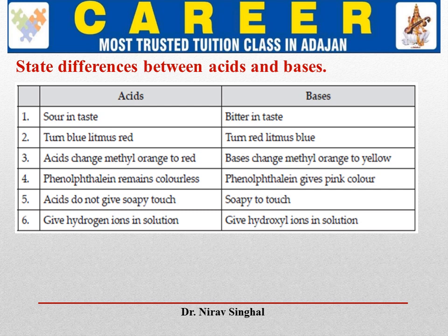Most important, acid gives hydrogen ion in solution, whereas base gives hydroxyl ion, OH minus ion, in the solution. Acid has a pH value less than 7, whereas bases have a pH value greater than 7. These are some of the most important points of difference between acid and base.